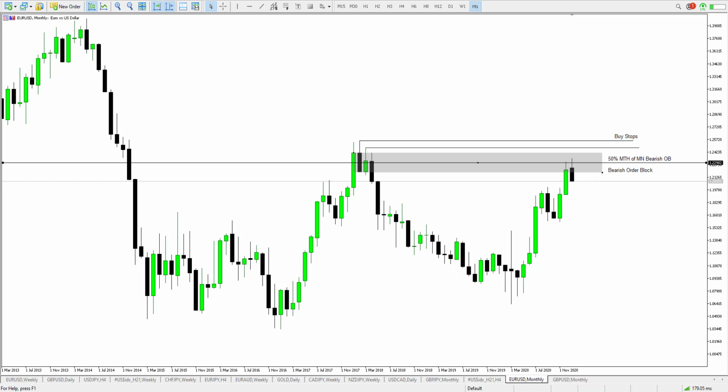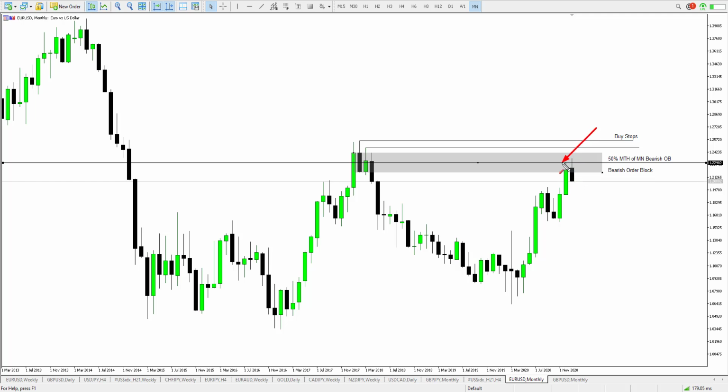And you can see already when price came back to that level, there we go, we had a dip into the order block. The following month, price manipulation, orders being accumulated for this move to the downside eventually.